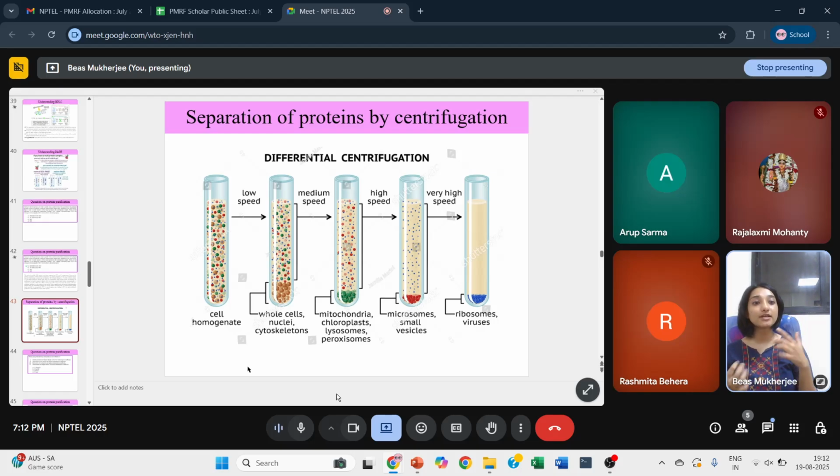When you are spinning at a higher speed, then the smaller ones like mitochondria, chloroplasts, lysosomes and peroxisomes separate out. At an even higher speed and longer duration, you get even smaller ones such as microsomes and small vesicles. Even higher, you get ribosomes and viruses. So this is how you can perform differential centrifugation to separate out the components of a particular cell. Okay.